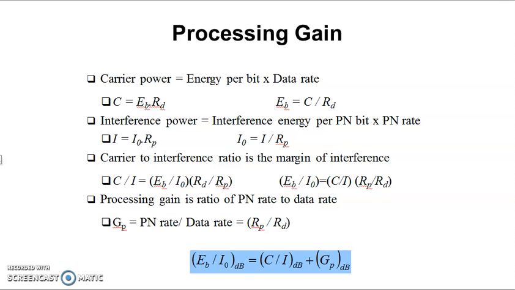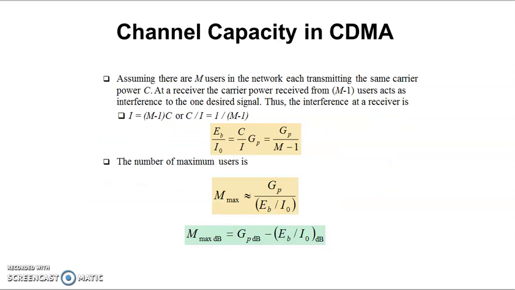Then we can find out the channel capacity based on this particular Eb by I0 ratio in terms of the processing gain, and we can add the factor for the capacity, that is the maximum permissible users in the CDMA network.